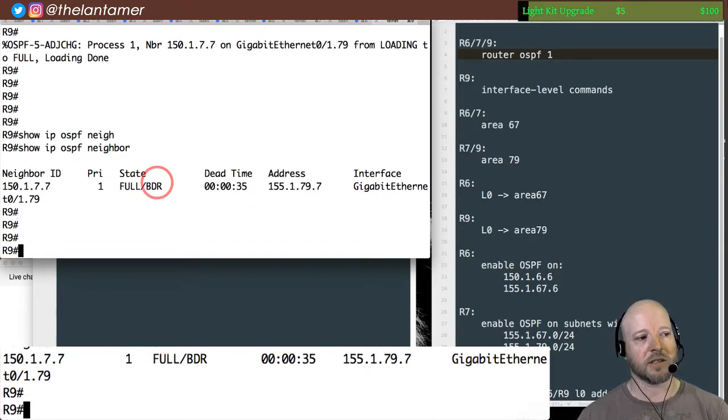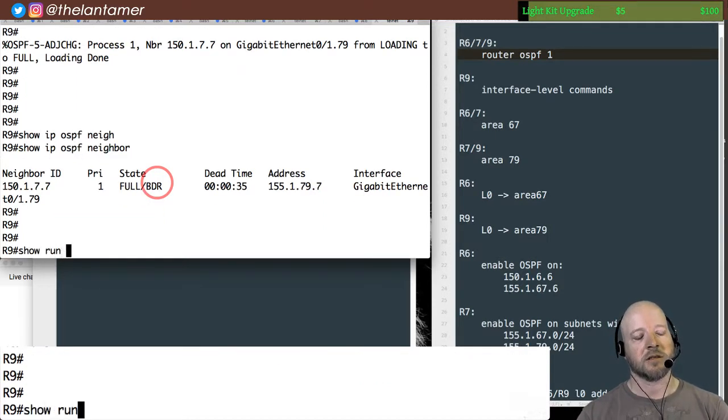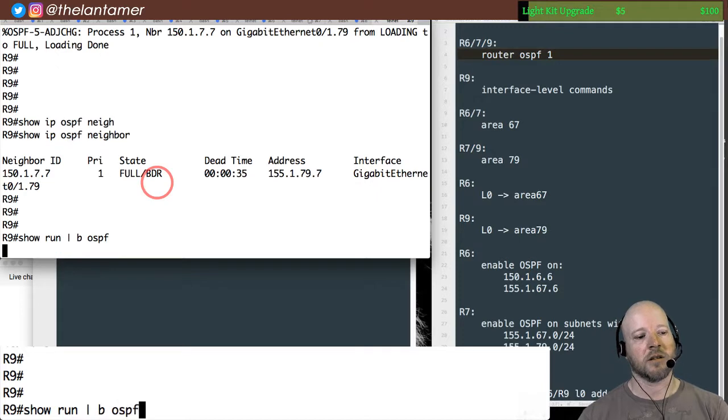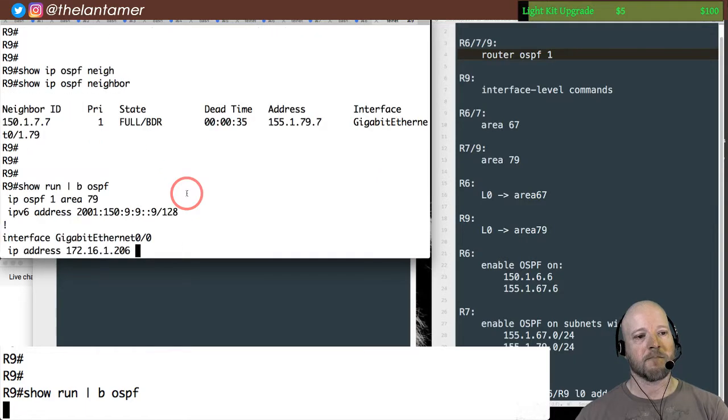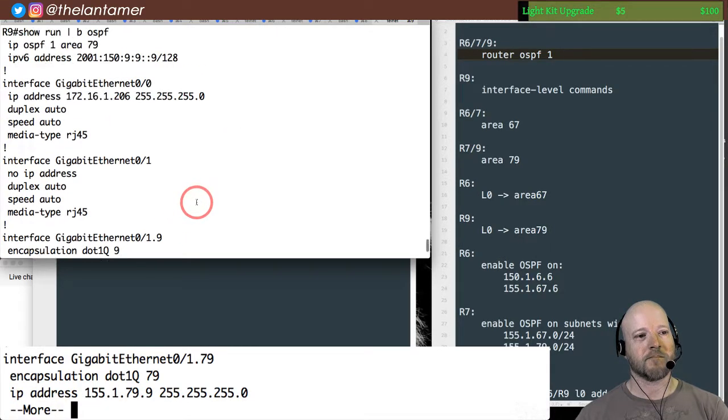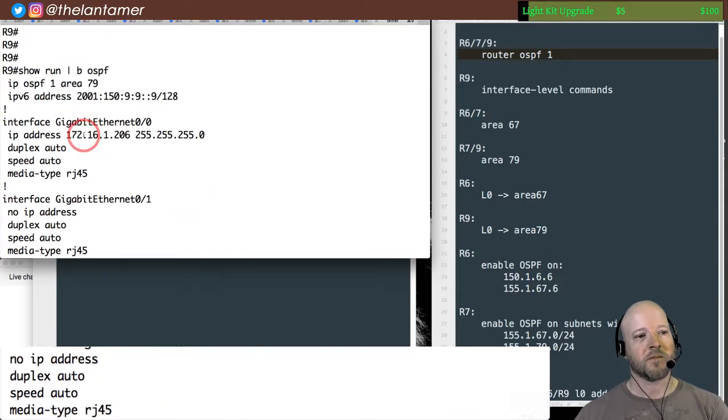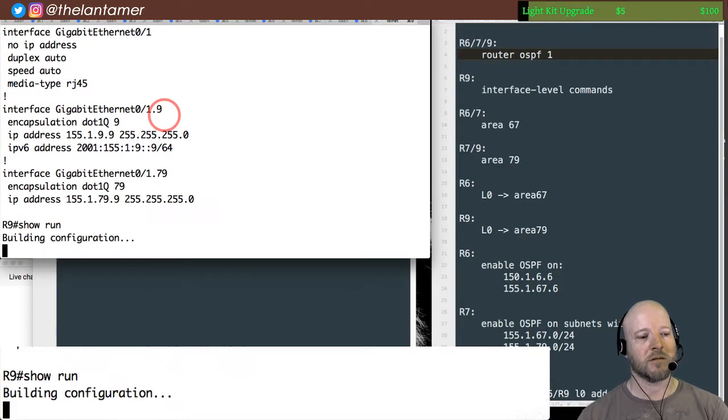Now, where is that configured? Show run.